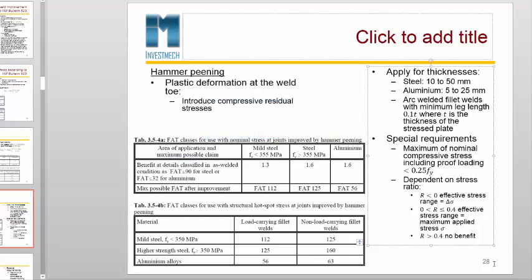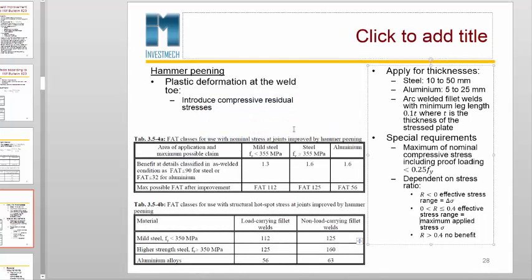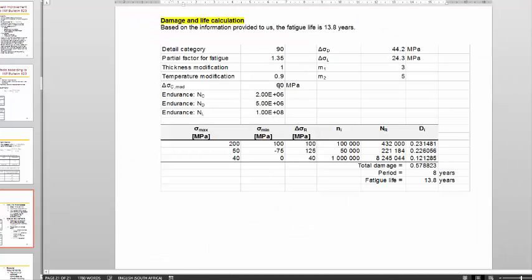So here you can see, of course, maximum possible FAT after improvement is 112. FAT classes for use with nominal stress are joints improved by hammer peening. Now remember, that's the FAT, that's the detail category that you read off from the curve. So that means if you look at this example, it's not the 60 that must be multiplied by the factor. It's the 90 that must be multiplied by the factor.